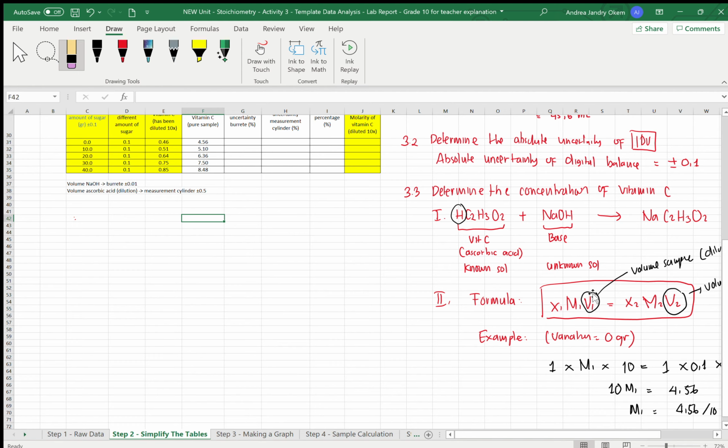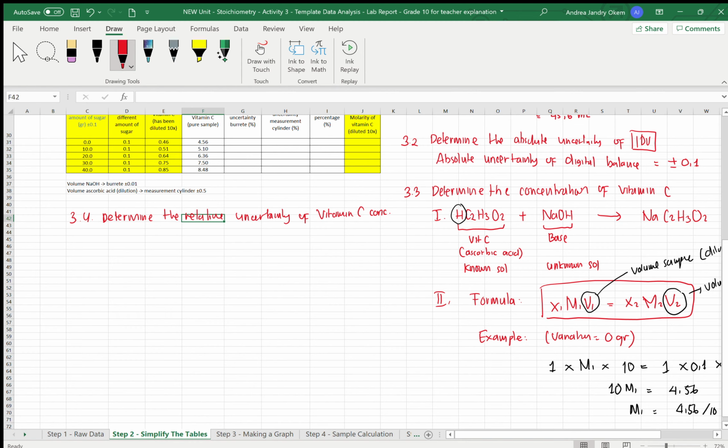So if we want to find the relative uncertainty of vitamin C, the first thing that we need to do is find the percentage uncertainty of each tool. So 3.4 is determine the relative uncertainty of vitamin C concentration. I just abbreviate it as CONC.